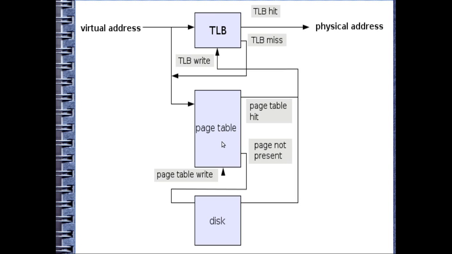Okay, there could be a situation in which the page table entry also is not present. Why? Because this virtual address was never mapped to a physical address. It's trying to access something which is not yet mapped, because you have not yet gotten the data from the disk, that could be one reason. So it tries to fetch it from the disk and adds it to the page table entry.